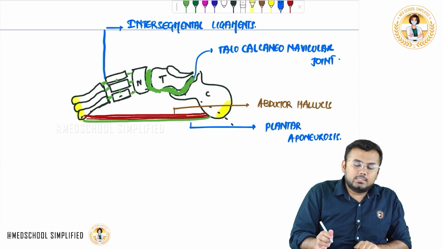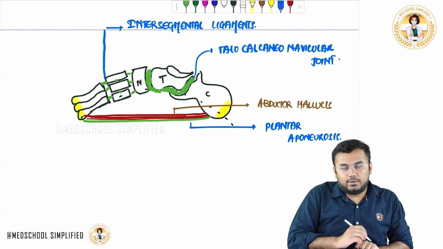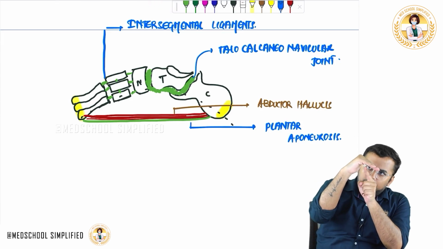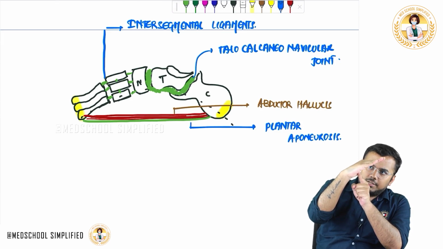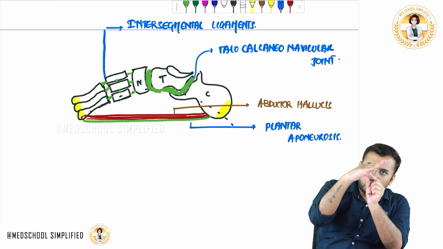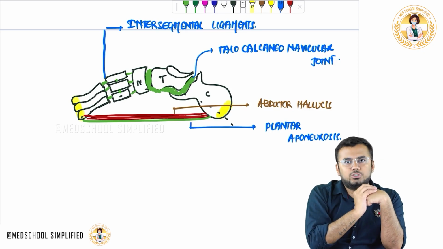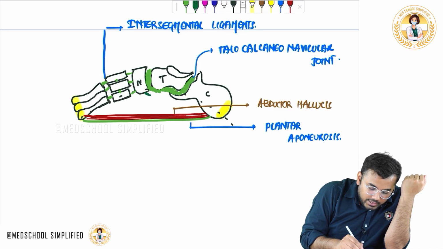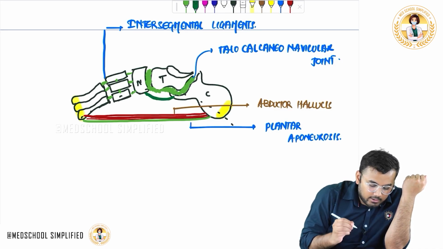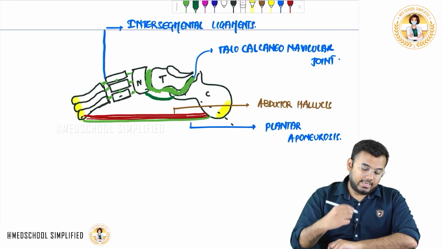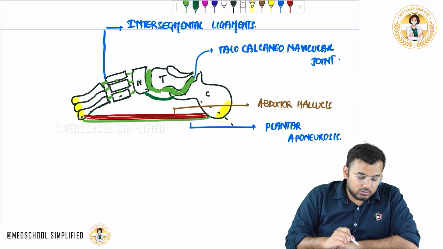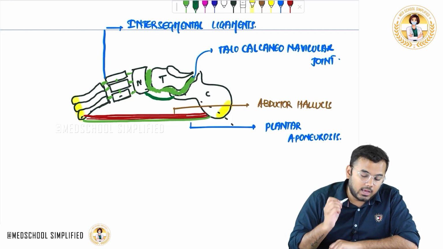Second important thing is that, for example, if we put a spring over here, what I'm trying to tell you is that if this is an arch, from here till here, if you put a spring, then even when the arch is stretching, when the spring contracts, the arch will come back to its normal position, right? So we will put a ligament all the way from the navicular till the calcaneal bone, and this ligament is acting like a spring, so you call it the spring ligament, or, speaking exactly, the calcaneonavicular ligament.